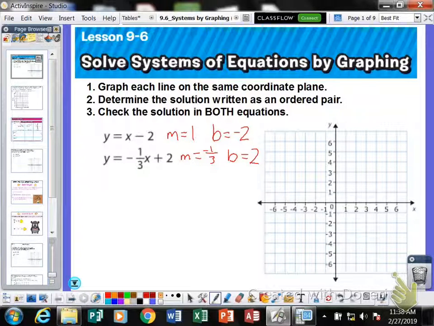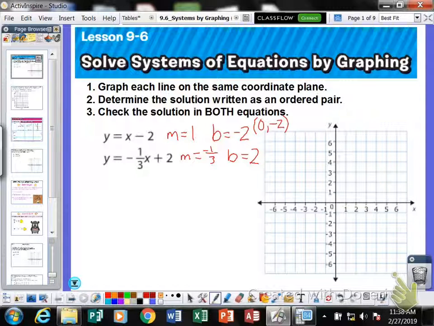So in order to determine the solution written as an ordered pair, we have to find where the two graphs intersect. So in order to do that, we're going to use our slope and our y-intercept. We know our slope for y equals x minus 2 is 1, and our y-intercept is negative 2, but as an ordered pair, that would be 0, negative 2.